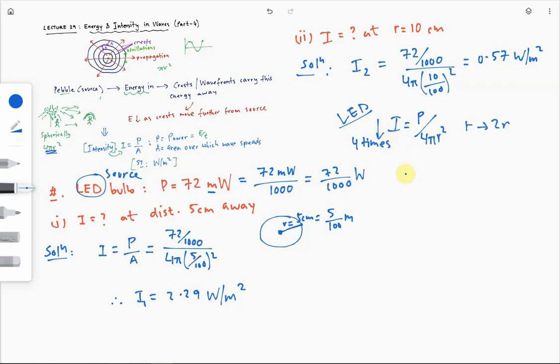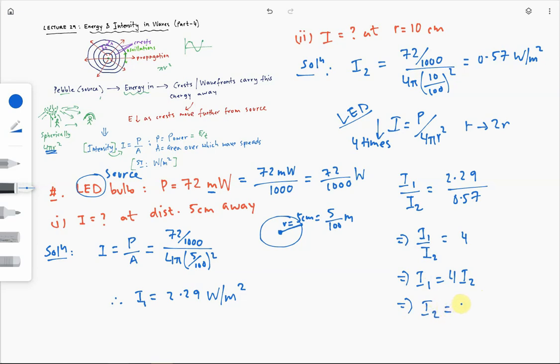So to do that, we just take the ratio of I1 over I2. What was I1? I1 was 2.29. What was I2? I2 was 0.57. When you divide that, you get I1 over I2 to be 4, meaning I1 is actually 4 times that of I2, or if it makes more sense this way, I2 is 1/4 of I1.